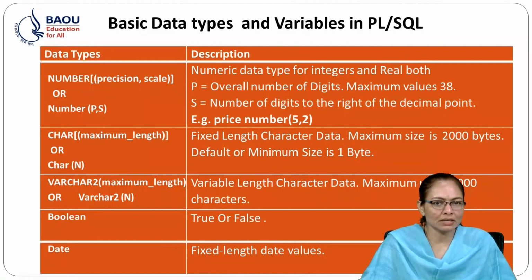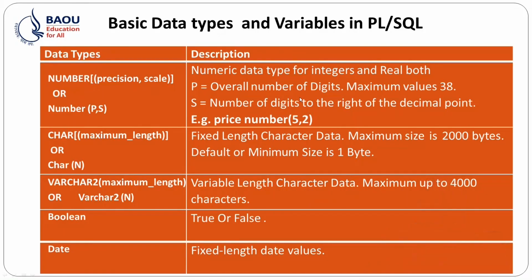It can be of virtually any size. We can specify the precision, which is the total number of digits, and the scale, which determines where rounding occurs. The precision P is the overall number of digits, with a maximum value of 38, and scale means the number of digits to the right of the decimal point.